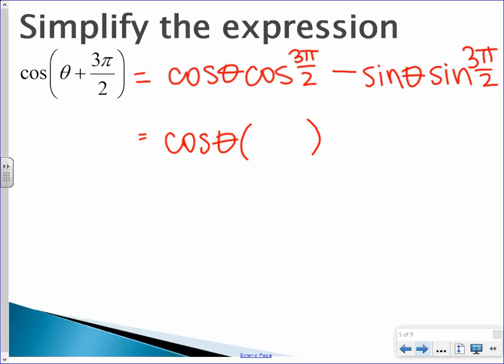From here, let's go ahead and simplify what we know. The cosine of 3 pi over 2, what is it? 0. Sine of theta and cosine theta we can't really do anything with. But we also have the sine of 3 pi over 2. Kanan, what's the sine of 3 pi over 2?